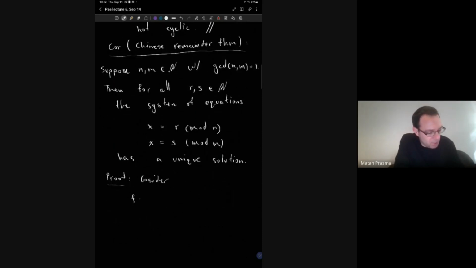For now, I define a function from integers modulo nm to the Cartesian product Zn times Zm. And this map takes x into x modulo n and x modulo m.